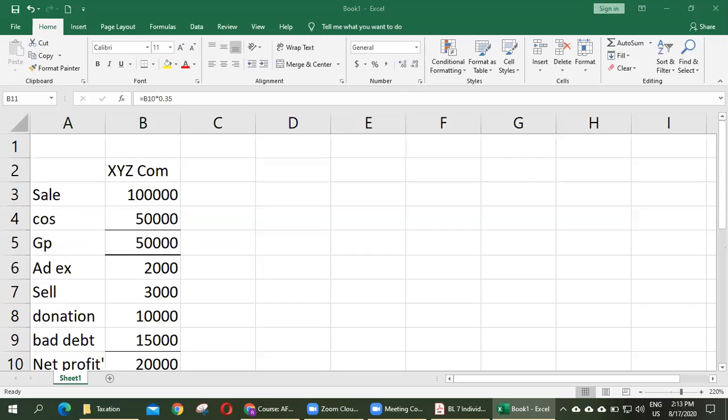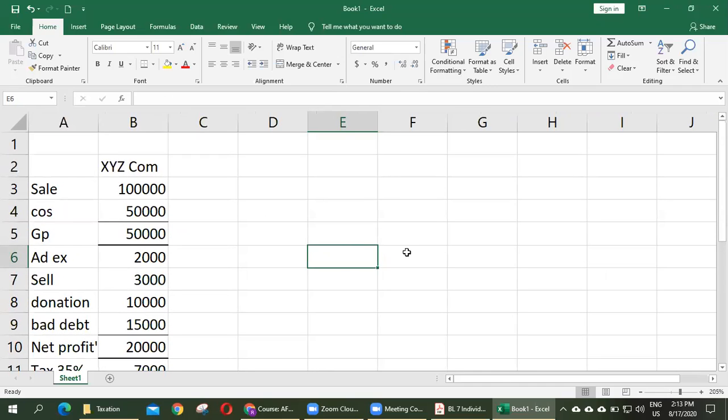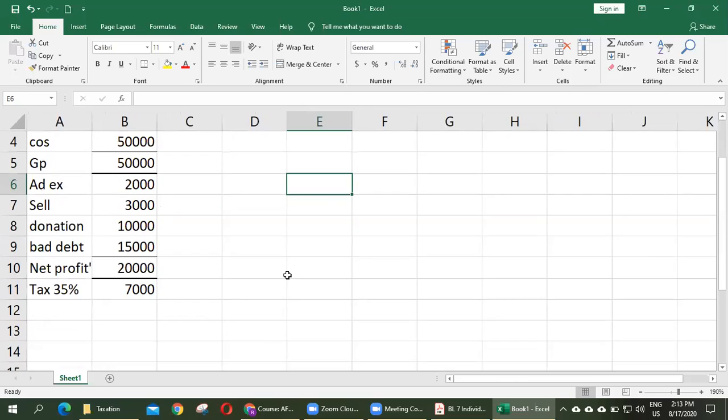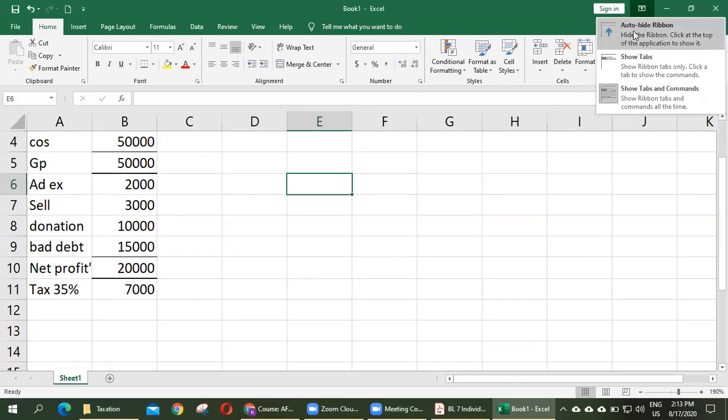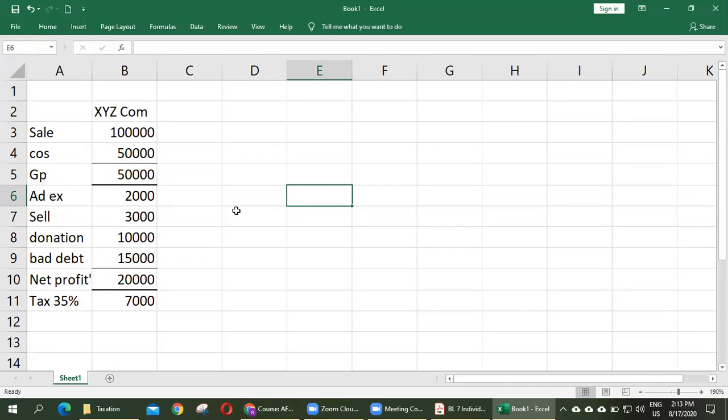So is this calculation correct or not according to the accounting standards? It's correct. According to the case, the amount is correct.